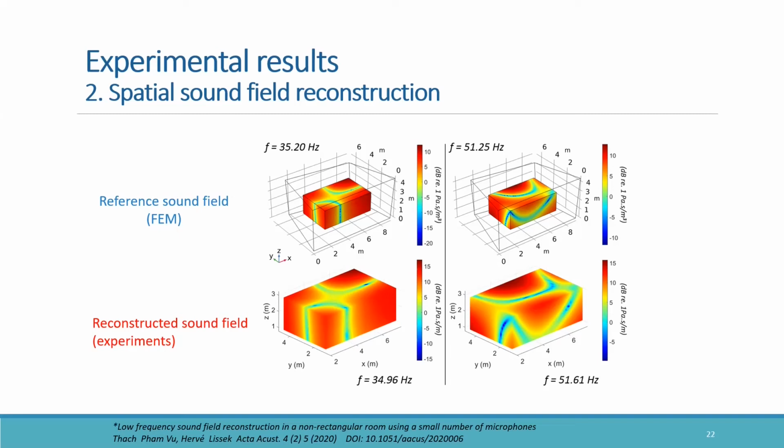The reason why the actual frequencies are different is because this is the real room compared to its FEM model, which can only closely resemble the real one. Nevertheless, you can see that at the same eigenmodes, the depiction of the sound field using our reconstruction is still highly accurate and reliable.